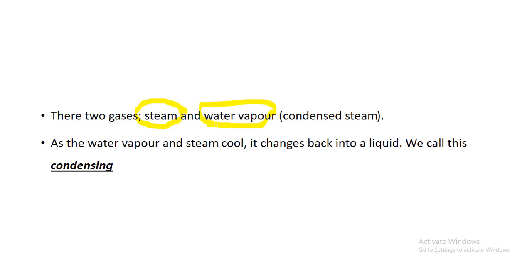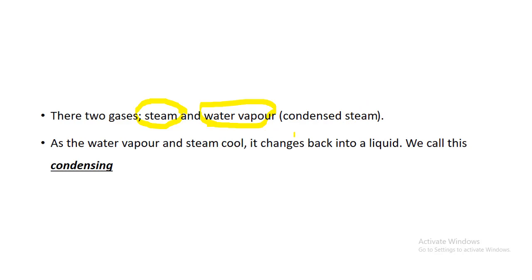Some may wonder, why am I differentiating steam from water vapor? It's because steam is very hot, and we can't see steam with our eyes. It's the one which burns us. But water vapor is condensed steam.